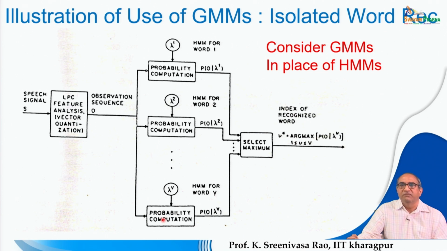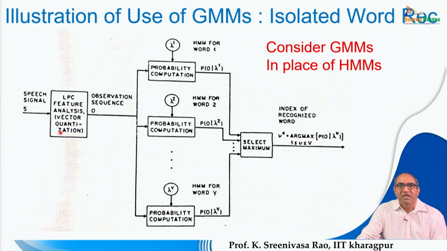From each word, we derive the spectral or feature vectors using one of the techniques we have come across, either LPC analysis or MFCC, or even the spectral coefficients directly or other approaches, even time domain approaches.